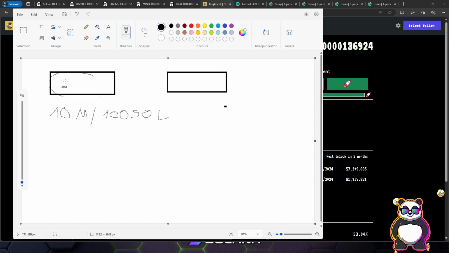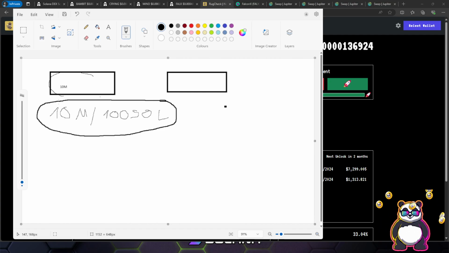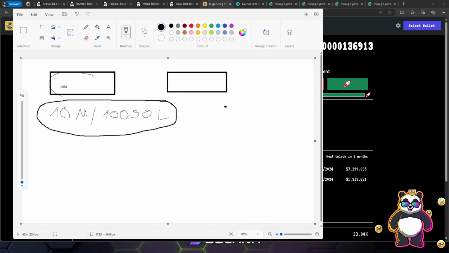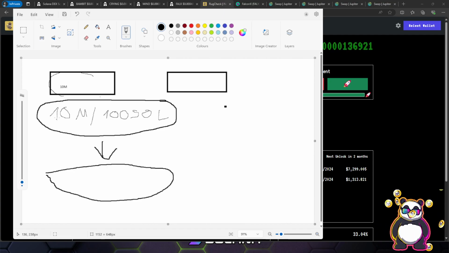So when we pair, we actually send both tokens, the 10 million supply of the memecoin and 100 Sol, to the DEX. And then the DEX gives them liquidity pool tokens. It doesn't have to be 10 million, usually just a random number. Let's say we got 10K of liquidity pool tokens.